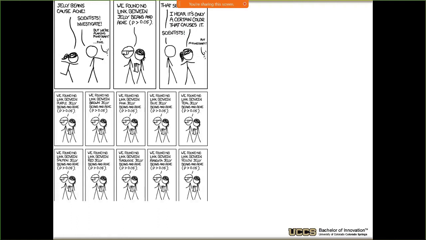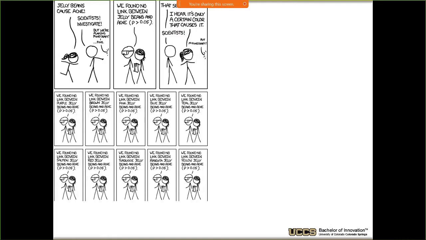In fact, that is what this entire rather long XKCD comic is about. I will not expect you to read it, but the top line is jelly beans cause acne, and they ask the scientists to investigate. So, we found no link between jelly beans and acne. Probability 0.05, standard statistical test. Right?